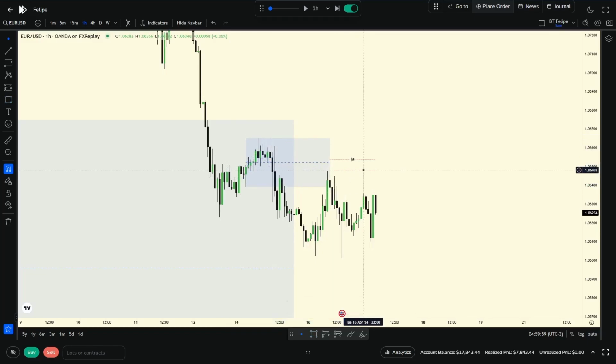Price tapped this POI, came down. So now there is this one. The 50% is still open.